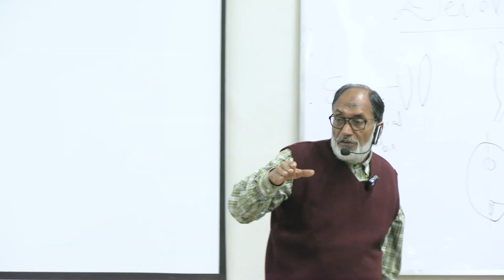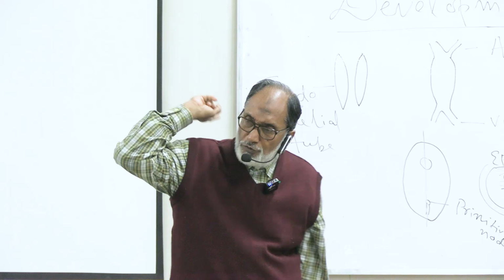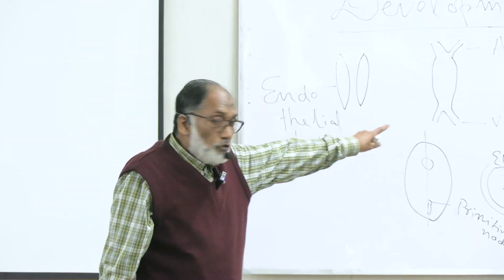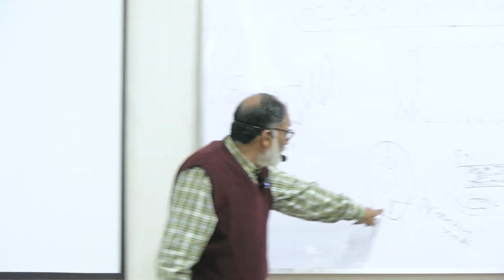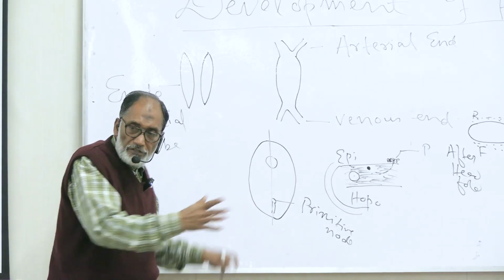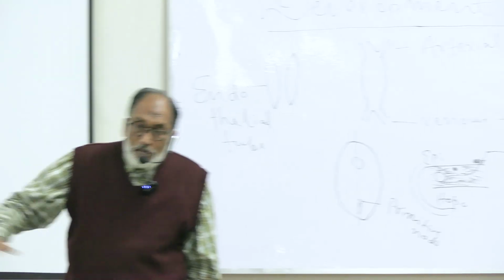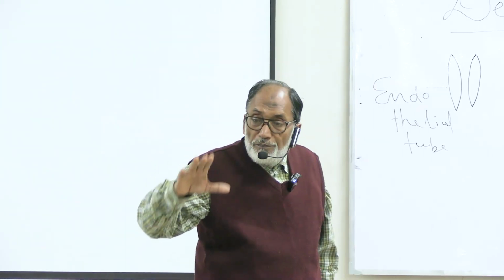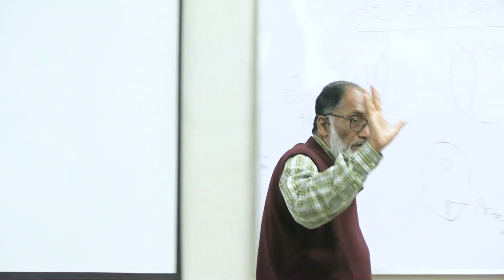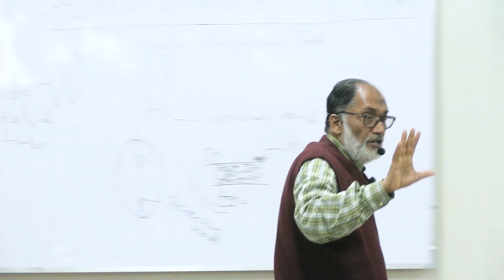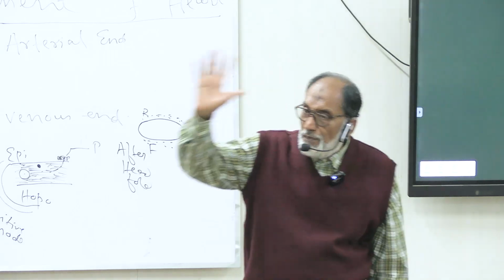And the secondary heart field is developed from the splanchnic mesoderm, which I have already told you. So cells came from the primitive streak on either side, that is epiblast in origin, and will form the primary heart field. From this primary heart field, you should remember, the maximum part of the heart will develop.